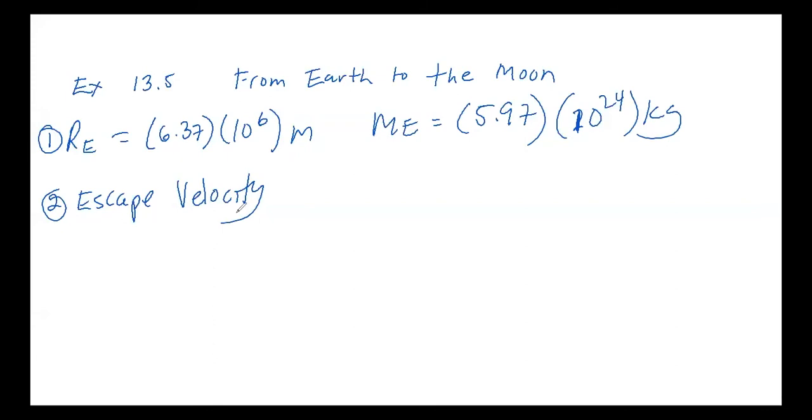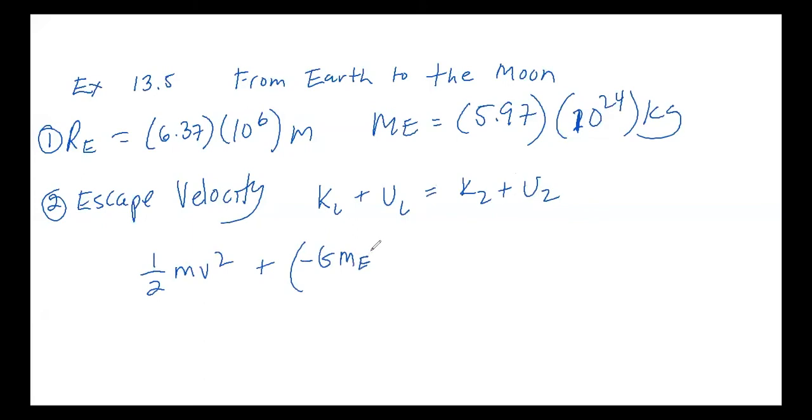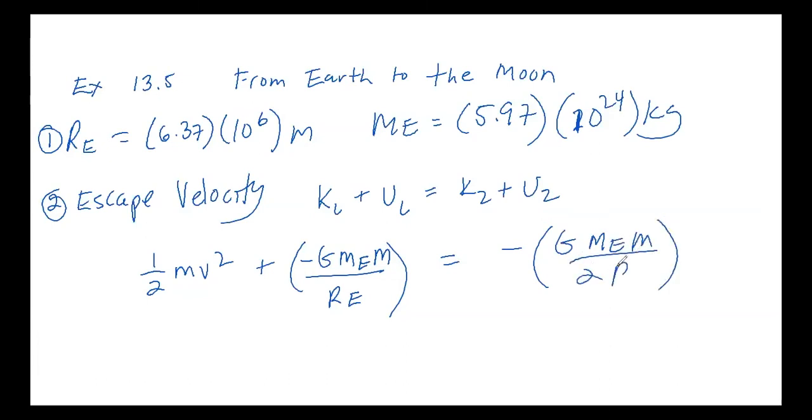Okay, so what we have here is the kinetic energy initial plus gravitational potential energy initial equals kinetic energy final plus gravitational potential energy final. So we have 1/2 mv squared plus negative G, mass of the Earth, mass of the rocket over radius of the Earth equals negative G, mass of the Earth, mass of the rocket over 2 radius of Earth.